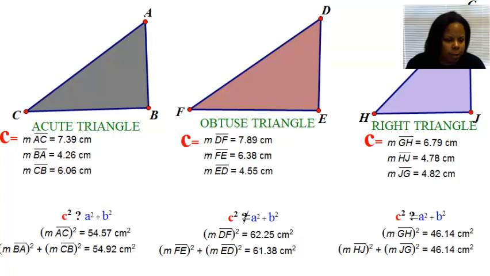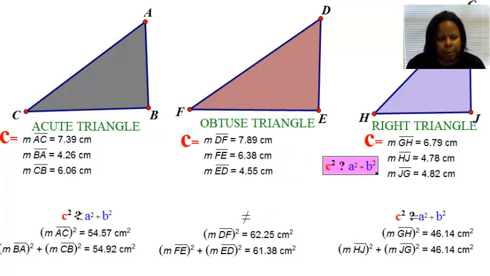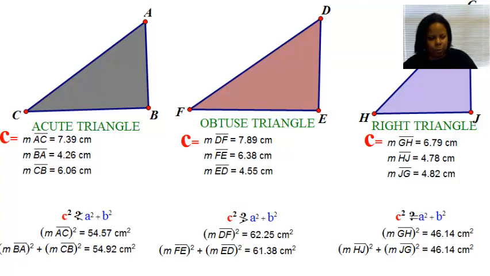Well, since in this case c squared is less than a squared plus b squared, then the symbol that can go there is the less than symbol. And in this case, since c squared is greater than a squared plus b squared, we can take away the not equal sign, and we can be more specific and say that c squared is greater than a squared plus b squared.